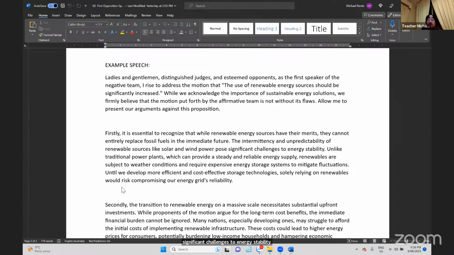Unlike traditional power plants, which can provide a steady and reliable energy supply, renewables are subject to weather conditions and require expensive energy storage systems to mitigate fluctuations. Until we develop more efficient and cost-effective storage technologies, solely relying on renewables would risk compromising our energy grid's reliability.